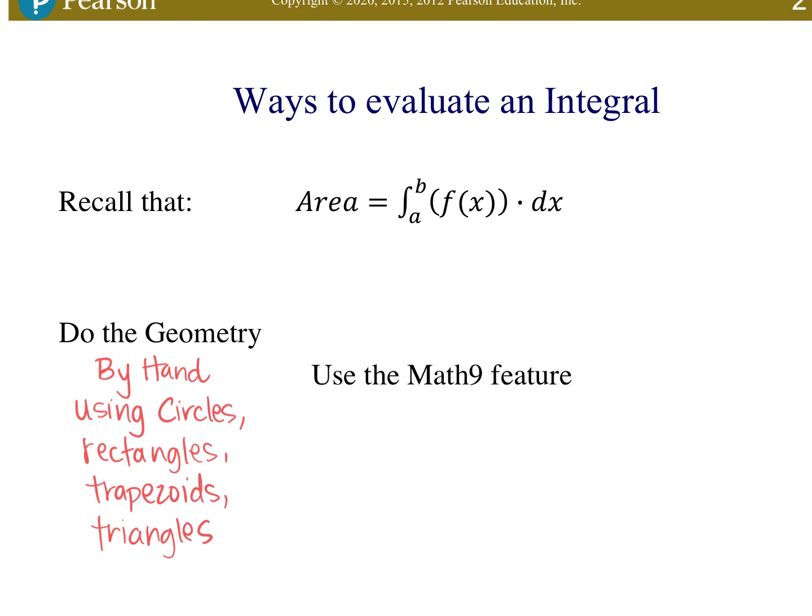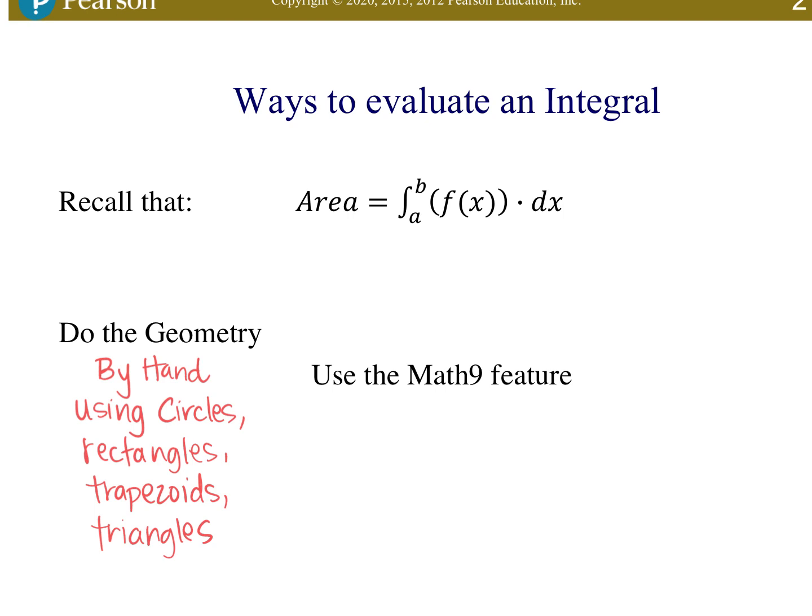What limitations do you face then? So what if it's not one of those? What if a trapezoid doesn't fit, and what if it's not a nice circular shape, but what if it's an oval shape? And what if, heavens, what if it's a sine curve? What do we do?